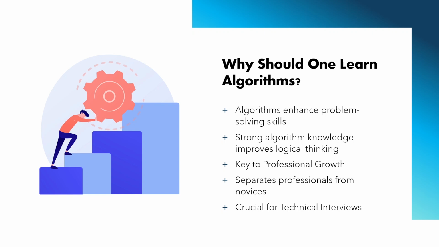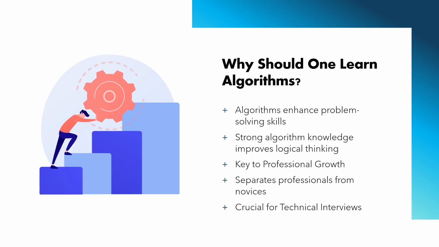Also, having a good knowledge of algorithm is what differentiates a professional from a novice. And this is the reason why most technical interviews tend to focus more on problem solving and algorithms than proficiency in a programming language. So if you really want to get professional in a programming language, then learning algorithm is not an option.